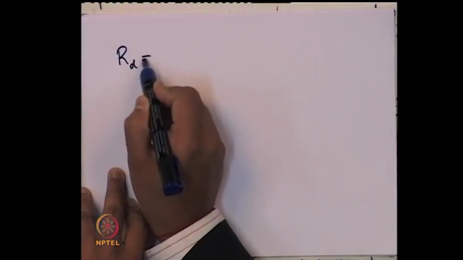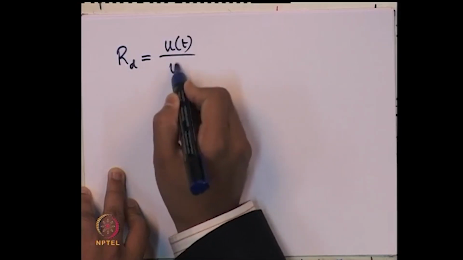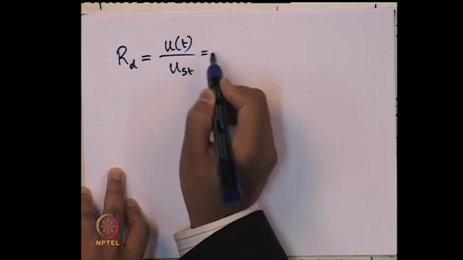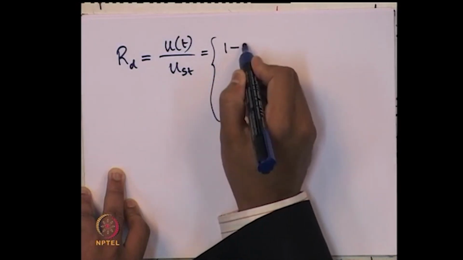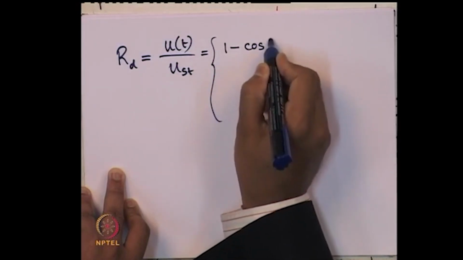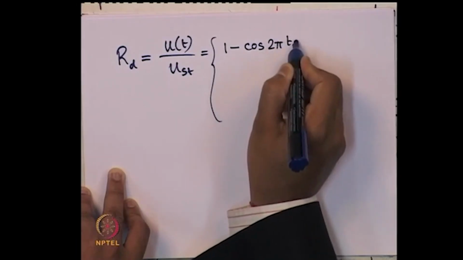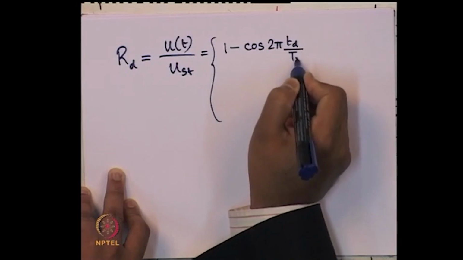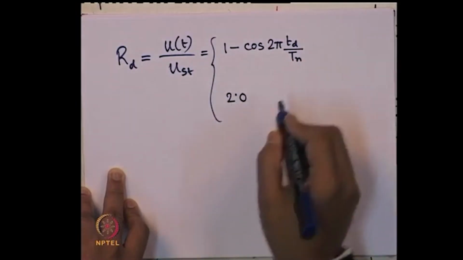If I want to show the response Rd, which is nothing but ut by ust, it can be expressed by two solutions: 1 minus cosine of 2 pi Td by Tn, and 2. These are the maximum values.